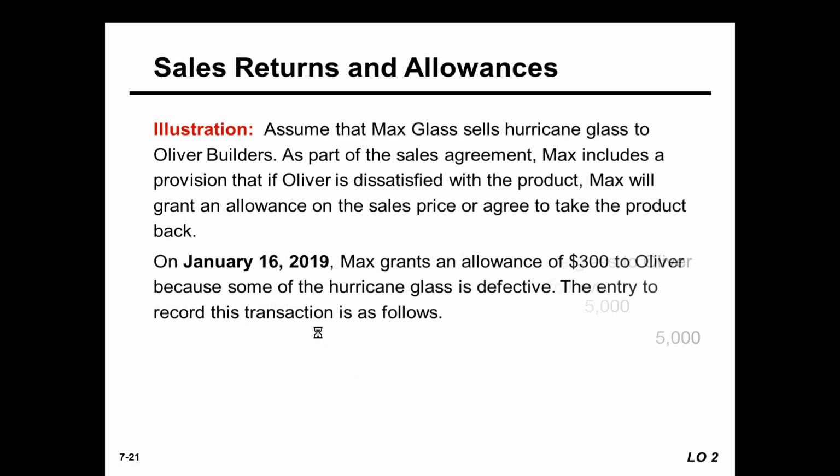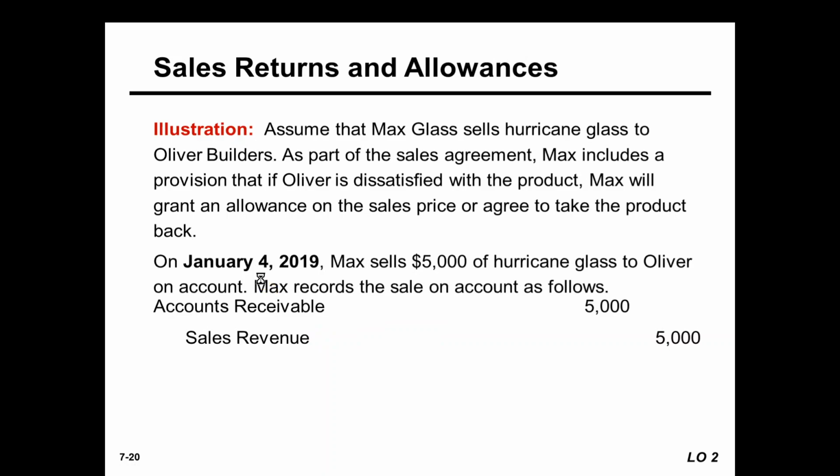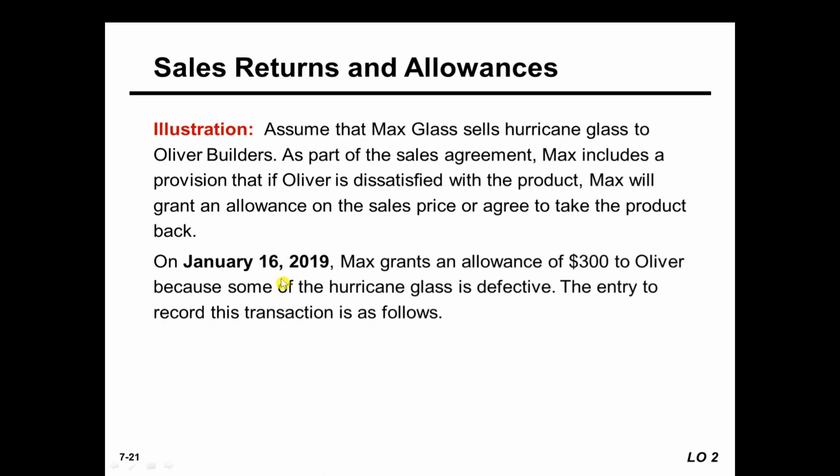And then 12 days after the sales, Max grants an allowance of 300 to Oliver because some of the Hurricane Glass is defective. So the entry will be sales return and allowance of 300 and account receivable of 300.